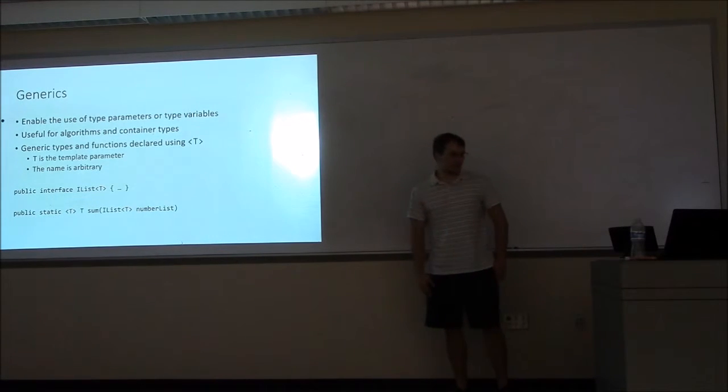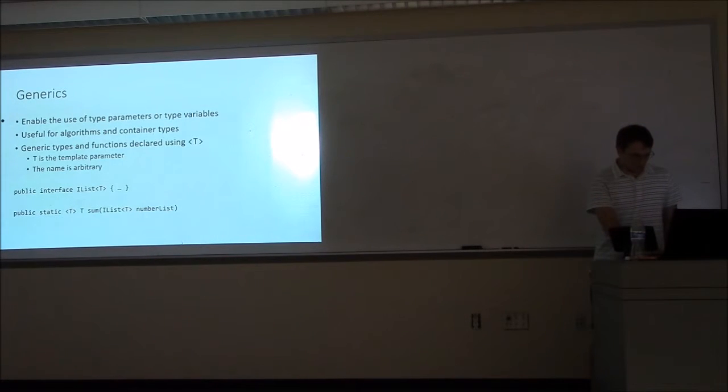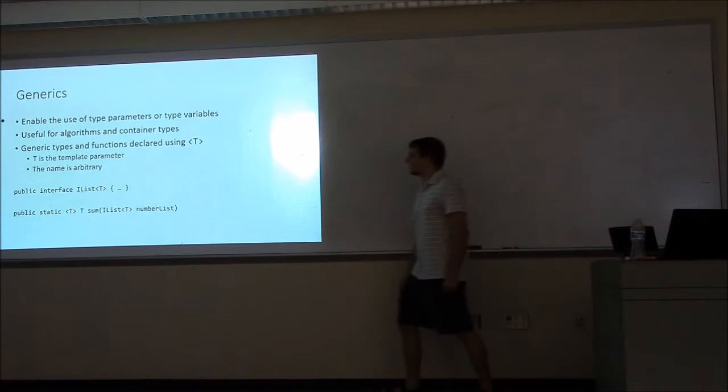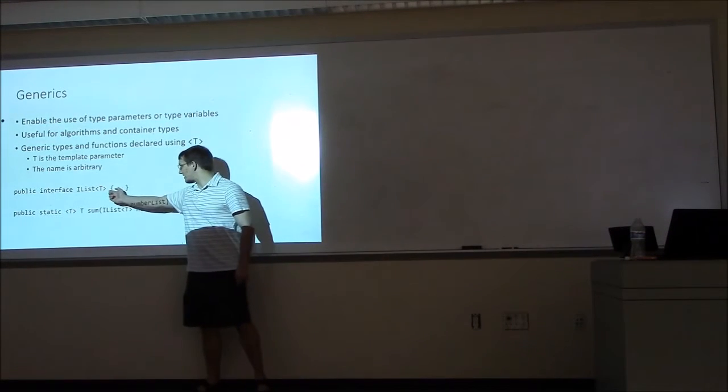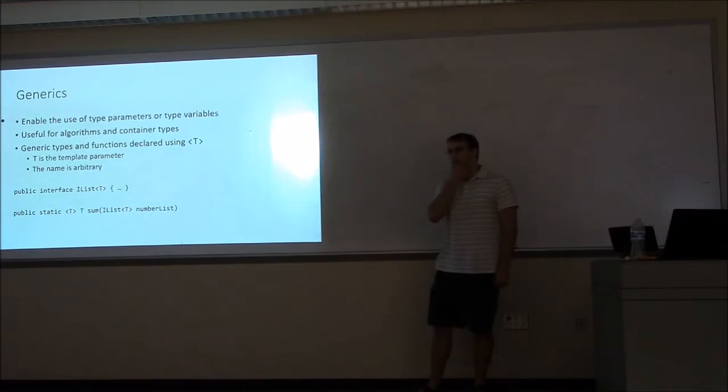And the name is arbitrary, but T is what we typically use. So the examples I have at the bottom, public interface IList<T>. The T here is what says that IList is a generic type. So when you use that type, you have to say what it's a list of.